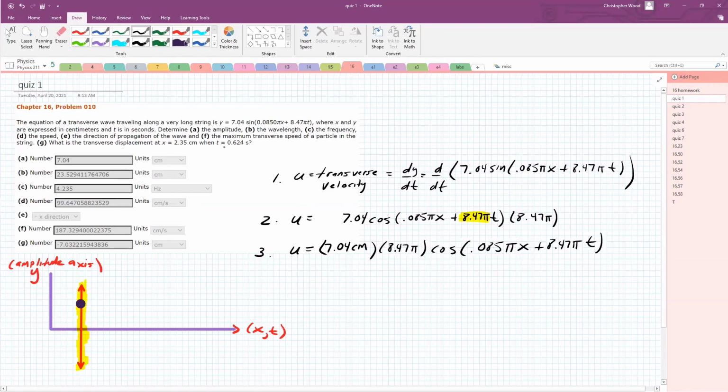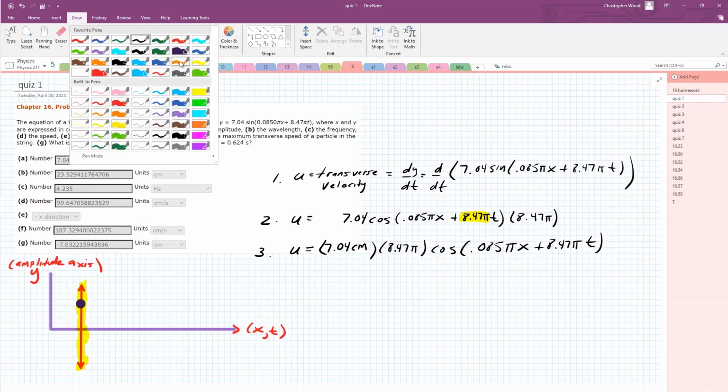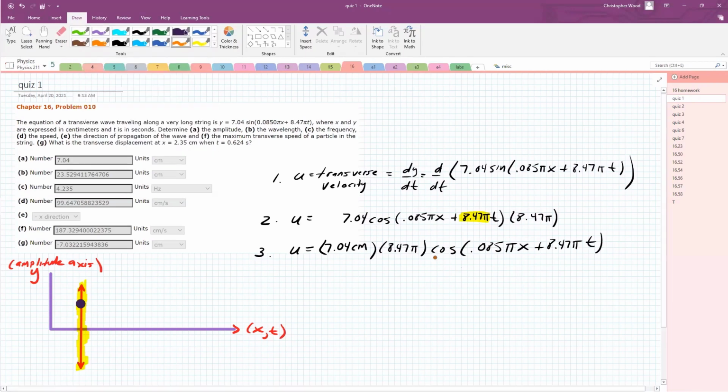What's the maximum transverse speed? So we're looking at, and this is a chapter 15 conversation that we're having all over again, what's the maximum value attainable by cosine? 1.